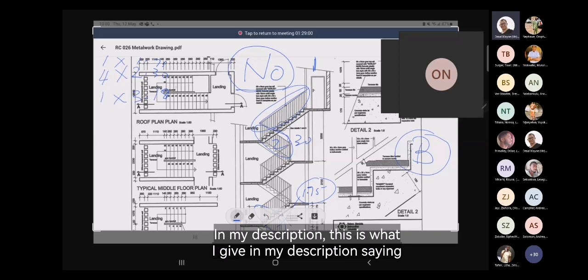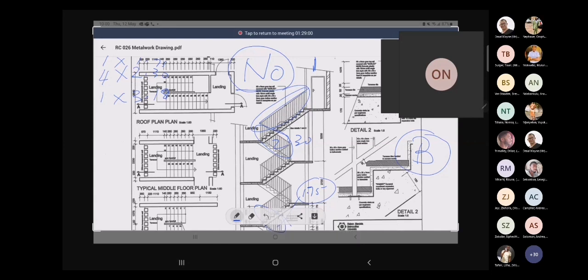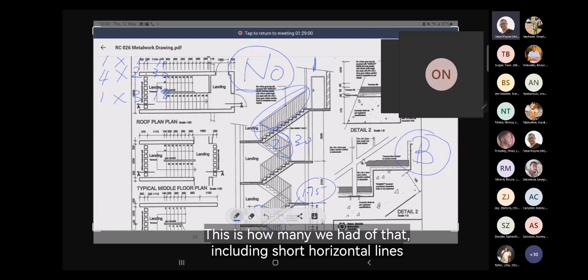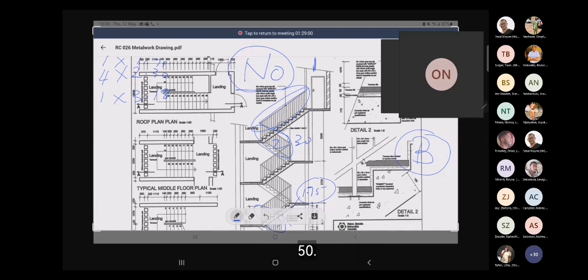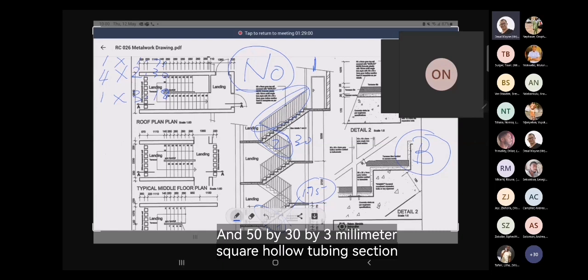In my description, this is what I give: the balustrade to the staircase comprising 6 raking flight lengths, and then I indicate how many we had of that, including short horizontal lengths formed of 50 by 5 millimeter flat raking continuous top rail, and 30 by 30 by 3 millimeter square hollow tubing section with a bottom rail welded between the balusters of 30 by 30 by 3 millimeter square hollow section.